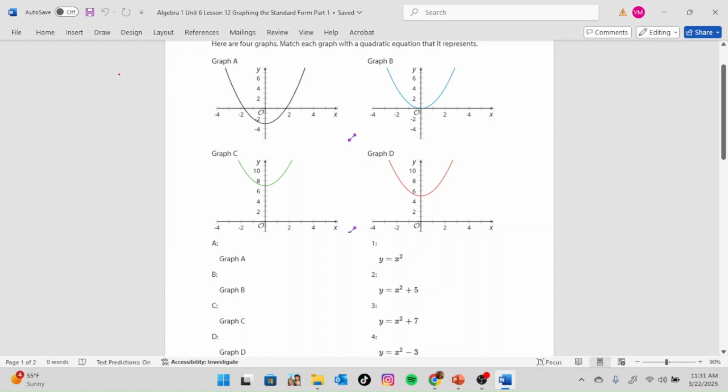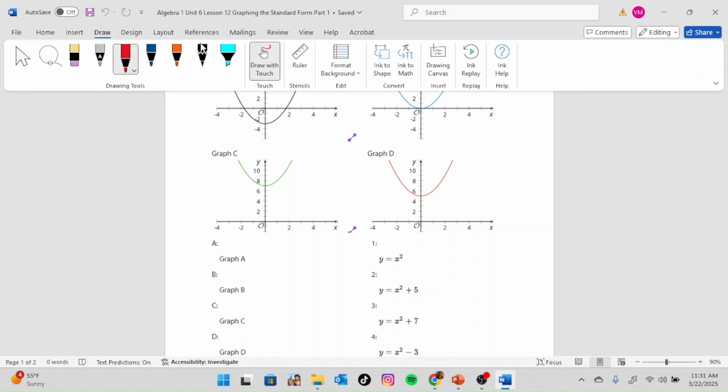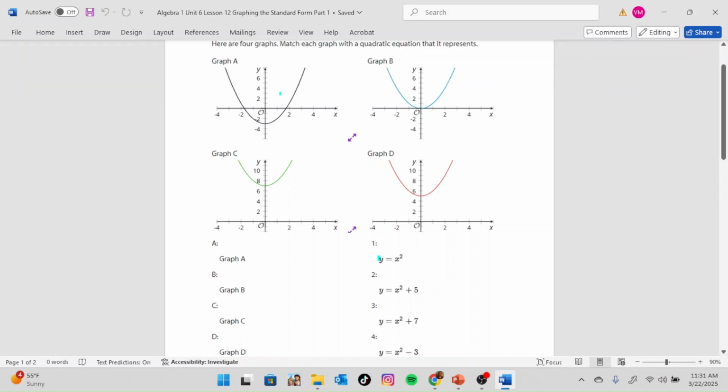Our first practice problem says here are 4 graphs. Match each graph with a quadratic equation that it represents. So what I would like you to notice, if you look down to the bottom right, in every single one of these, we have y equals x squared.